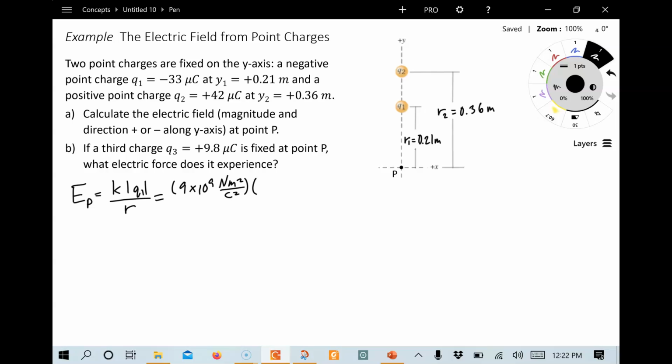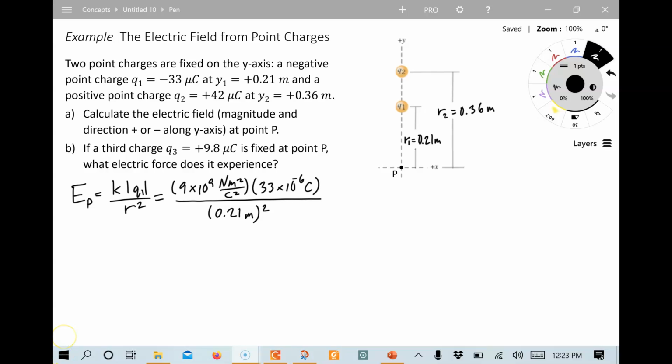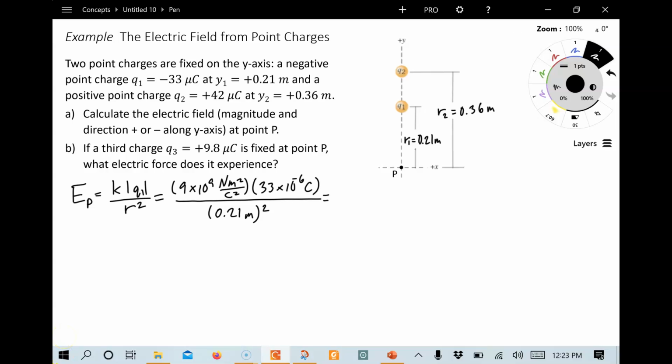We see that that is negative 33 microcoulombs, so the magnitude is 33 times 10 to the minus 6th coulombs, and the distance from Q1 to the point P is 0.21 meters. I see another mistake in the equation there. It should be squared. Plugging this into the calculator, we come up with 6.74 times 10 to the 6th.